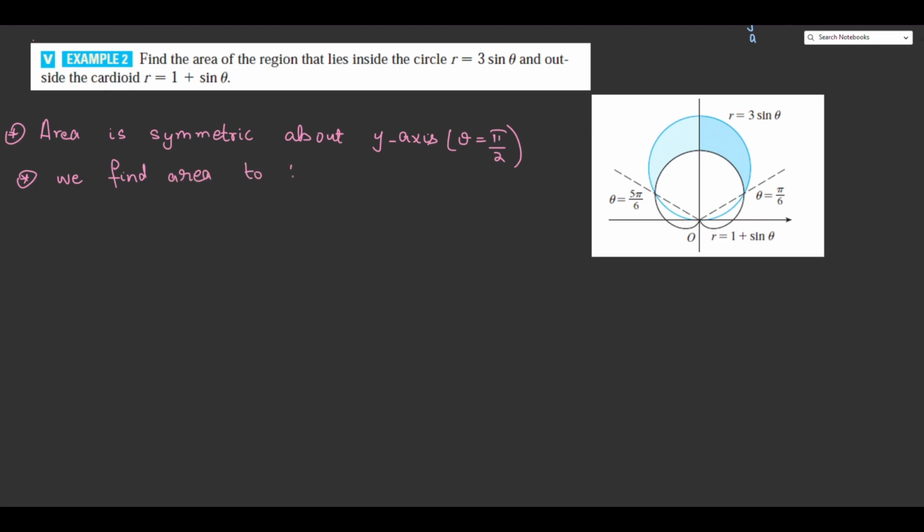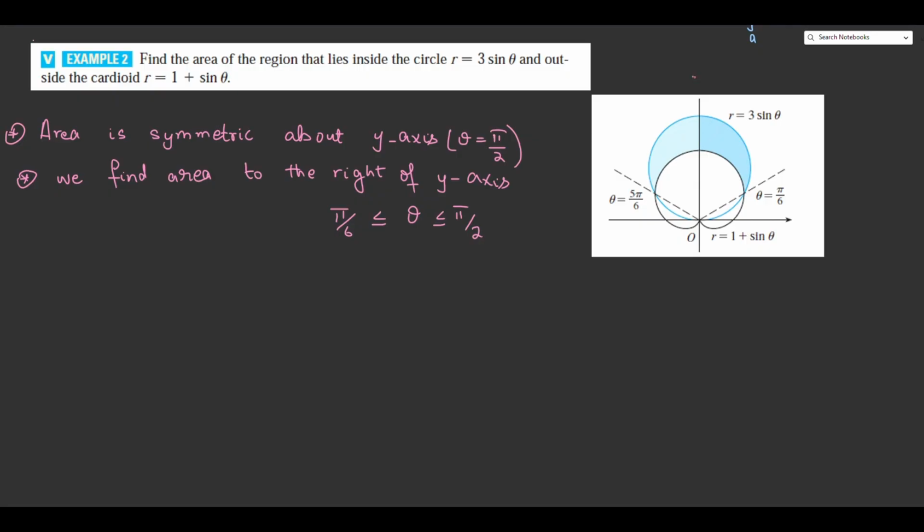to the right of the y-axis. That is, our theta will vary from pi by 6 to pi by 2.